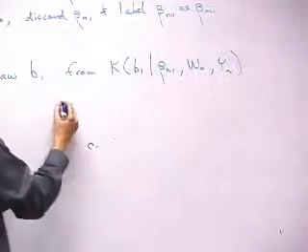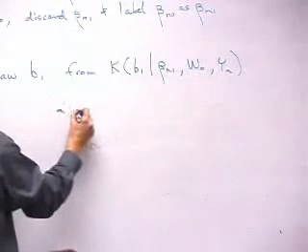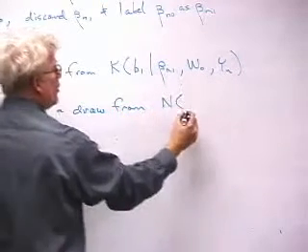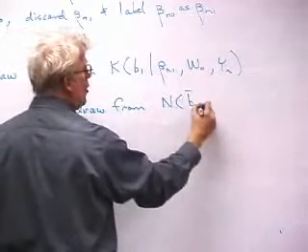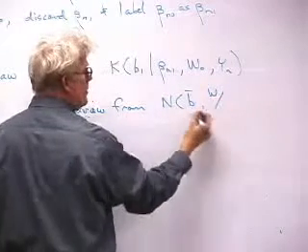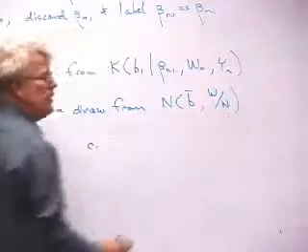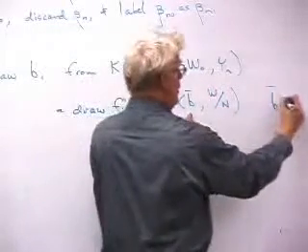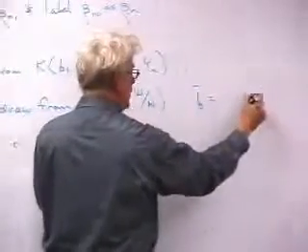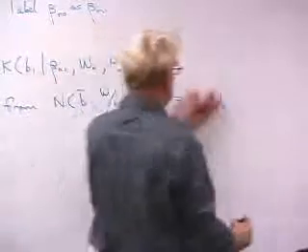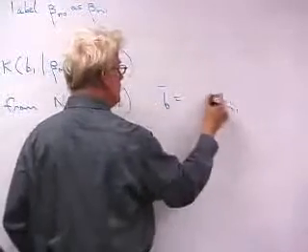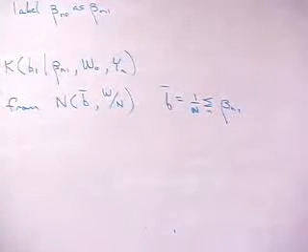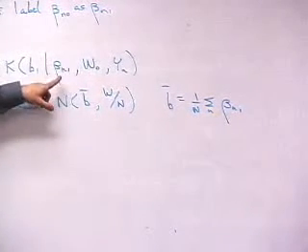This is a draw from a normal with B bar mean and W divided by N variance, where B bar is your average of the beta n's. So for this step, all you're doing is calculating your average of the betas.